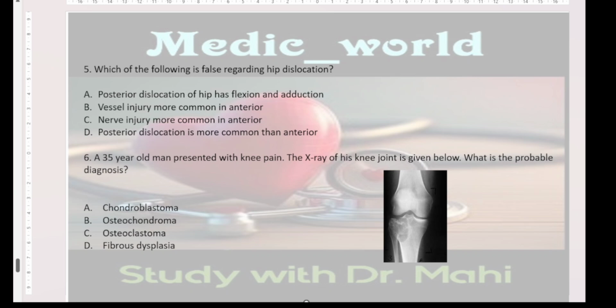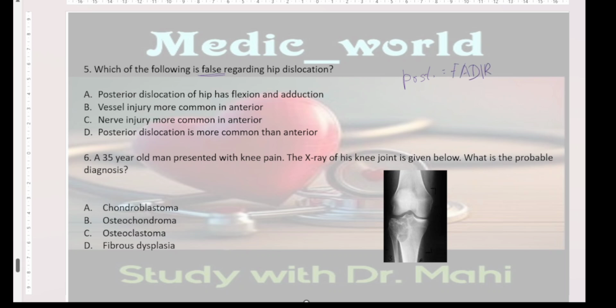Which of the following is false regarding hip dislocation? So let's see the options. So first option is posterior dislocation of hip has flexion and adduction. We all know this is the correct statement because in posterior dislocation, the mnemonic is FADIR.